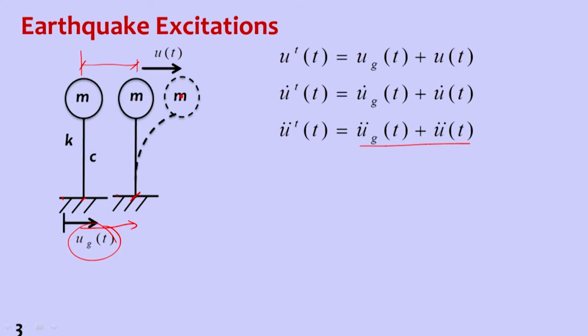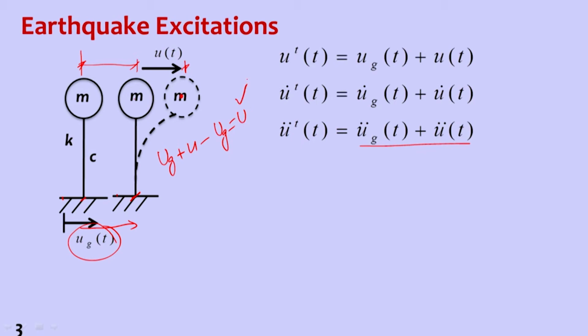Even though the mass has moved from here to here and the base has moved from here to here, the relative displacement is UG plus U, the motion of the mass, minus UG, which is equal to U.